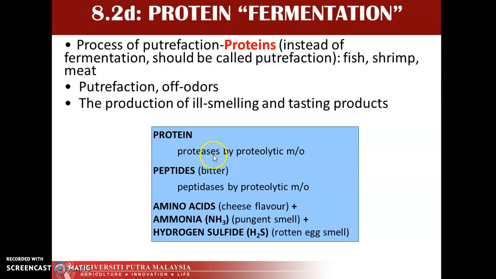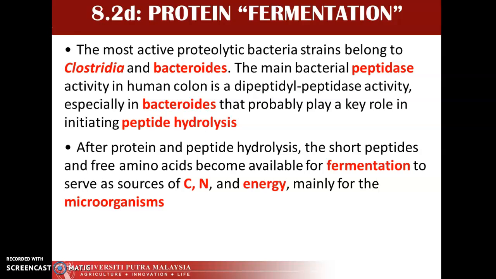Putrefaction can be caused by proteases, peptidases, and some kinds of amino acids. They can produce ammonia, which has a pungent smell, and also sulfur compounds, such as the rotten egg smell. Usually they are not the same as fermentation because the food is considered spoiled already. It is not safe to be eaten.